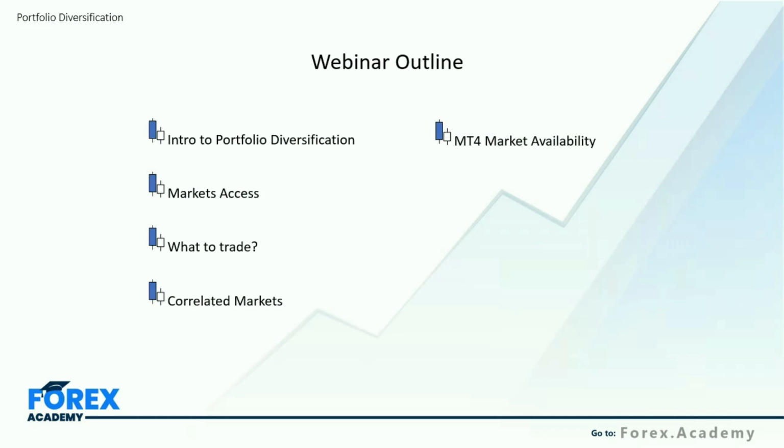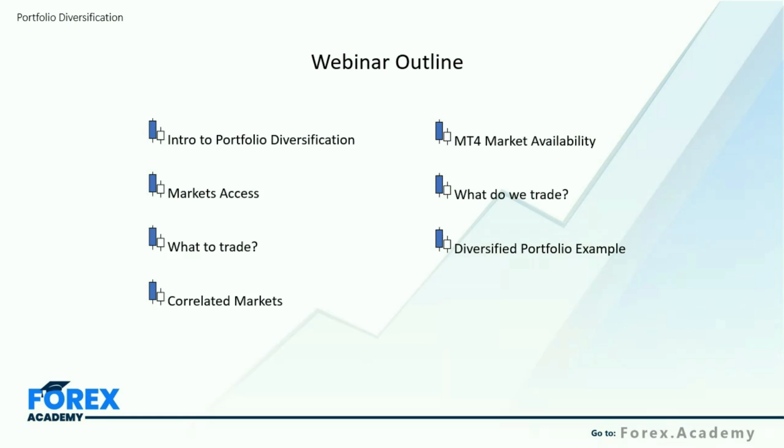We'll also look at market availability. So you want to be able to know not just what markets you can possibly access out there. You actually want to know, depending on which brokerage you're currently trading with, what is the availability on a MetaTrader 4 platform, for example, and we'll look at what we actually trade in terms of the markets that we look at, which we do look at plenty of markets.